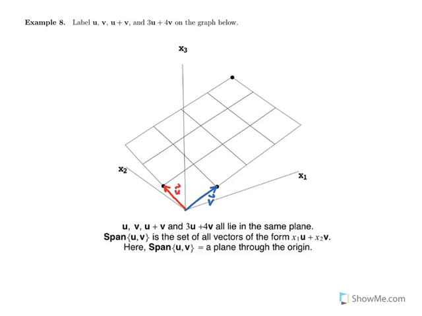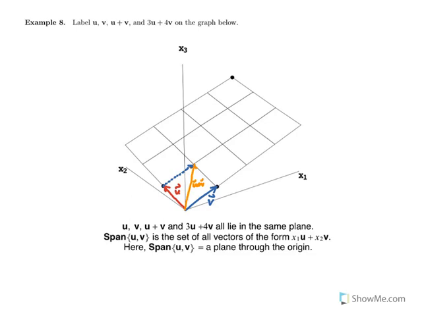I'm not giving coordinates so much, but these are things in 3 space, u and v. If I wanted to graph u plus v, that would be the diagonal of this parallelogram right here. Again, I could get there by taking u first and then taking v, or taking v first and then taking u. It's the diagonal of that parallelogram.